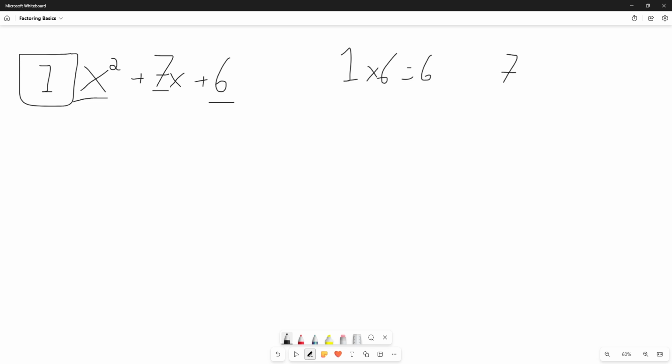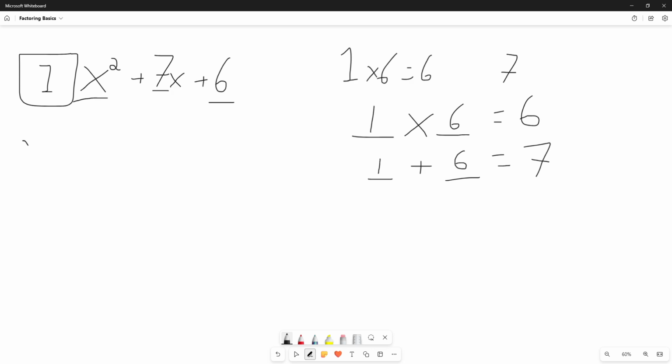So we have to say what two numbers multiply to 6 and add up to 7. Well, this case is very easy. It's just 1 and 6. Right, so 1 times 6 is 6, and 1 plus 6 is 7.